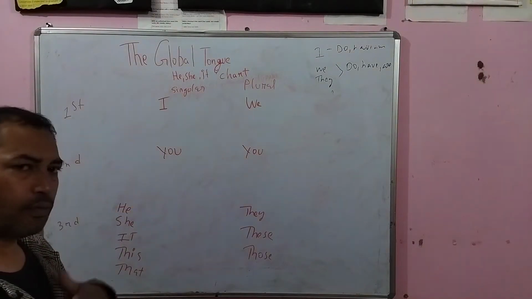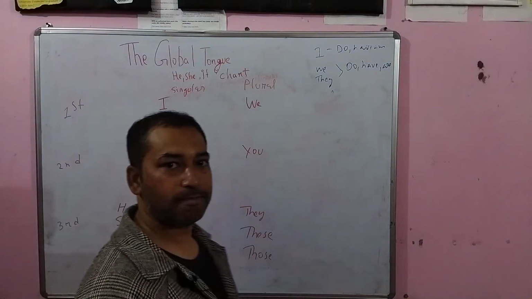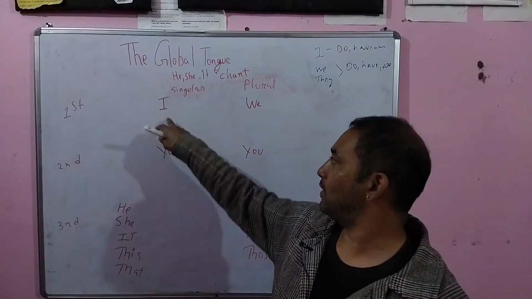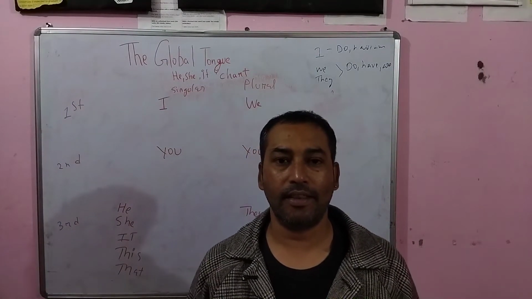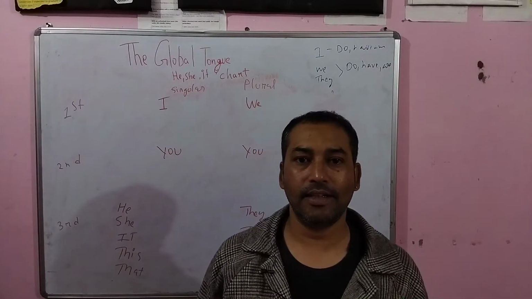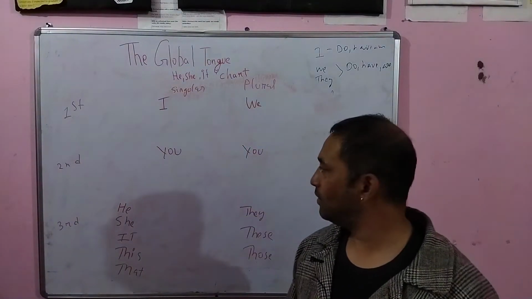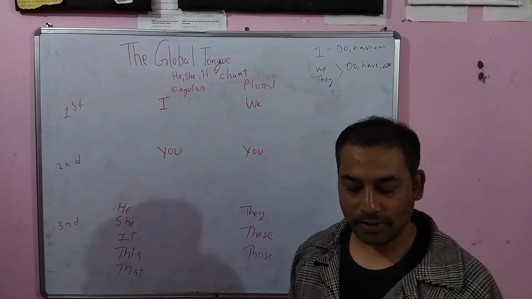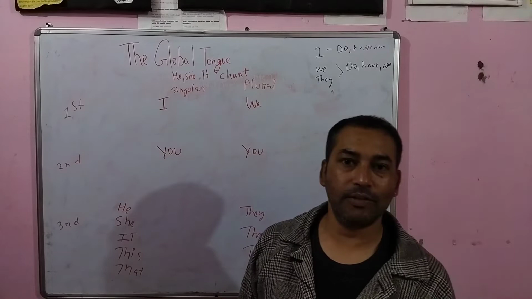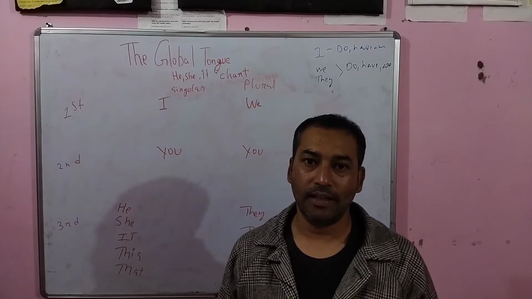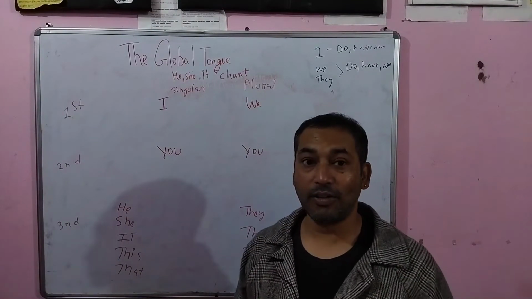Without them, we wouldn't be able to speak English at all, and I guarantee and challenge that. If I don't use my friend I, every time I would need to say Sanjit teaches, Sanjit makes a video. If we don't use you as a friend, we'd say John, you come here, John, you do this, John, do it.